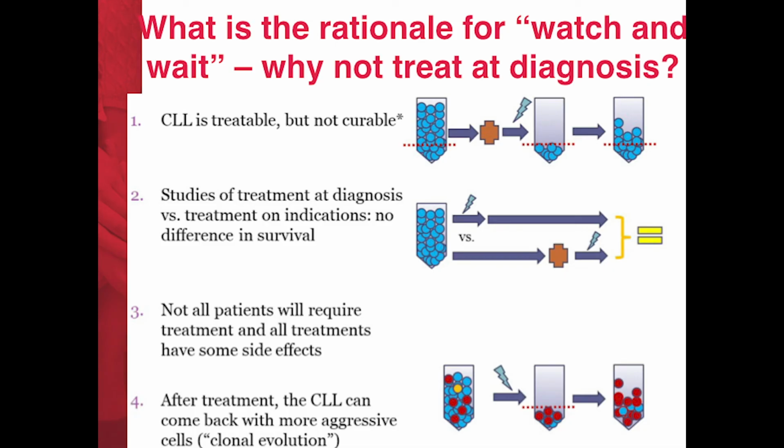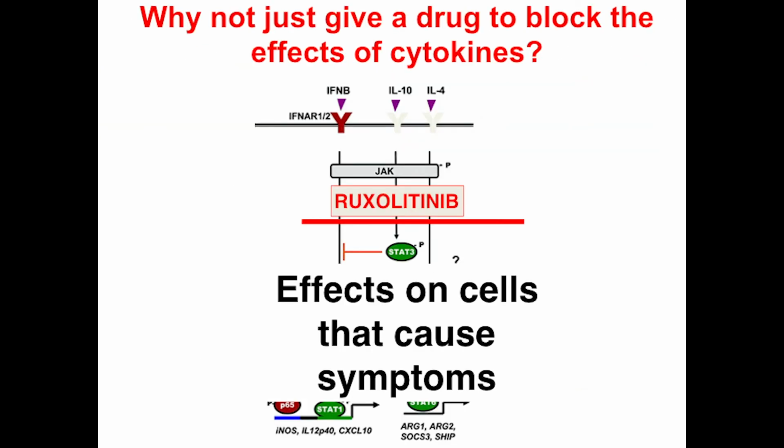So, okay, if cytokines are causing symptoms, why not just give a drug to block the effects of cytokines? And this has been done. So many cytokines act on cells to cause symptoms.